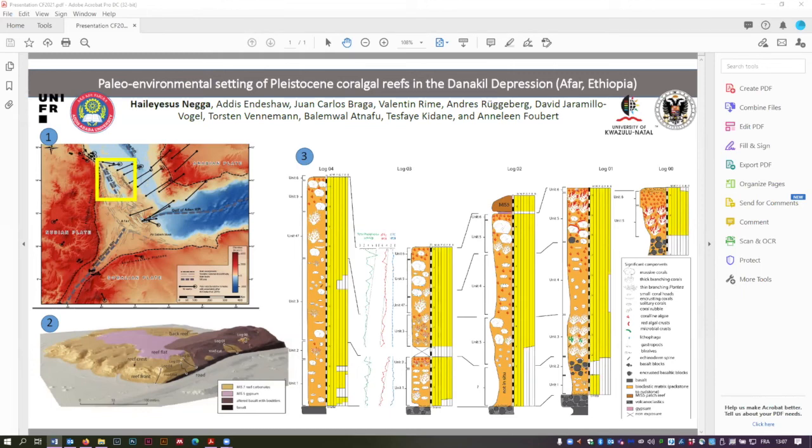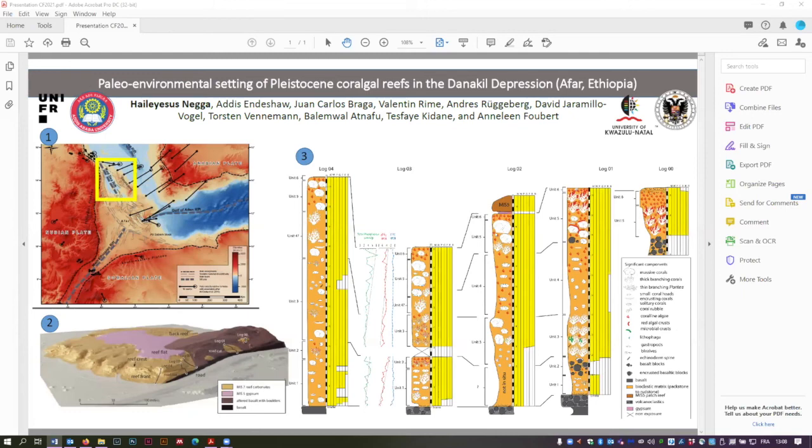This reef growth cycle starts with a startup, catch-up, and keep-up phase. The two cycles are not interrupted by erosional surfaces or subaerial exposure. This leads to the assumption that the sequences are related to high frequency, low amplitude relative sea level fluctuation.